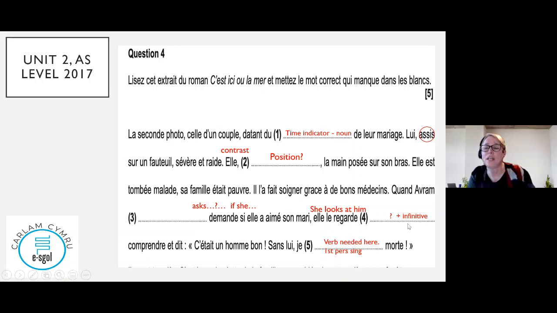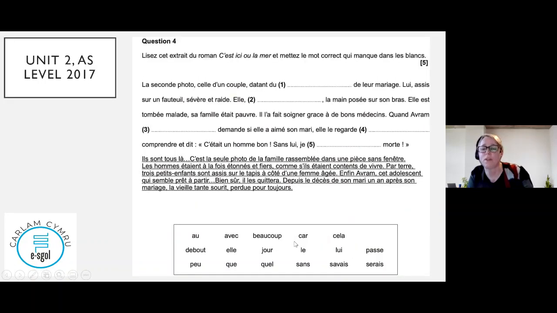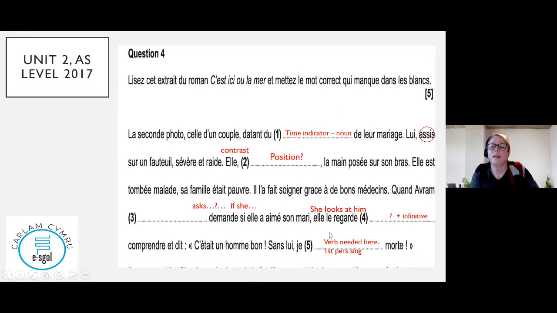So here we could maybe put something, because we've got an infinitive afterwards. Is there a construction that's going to need to be followed by an infinitive? Yeah. So we need to look at those words again. Which one would be followed by an infinitive? C'était un homme bon, so a really good man. Sans lui, je something morte.